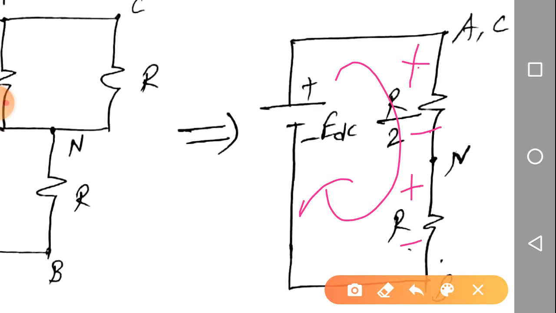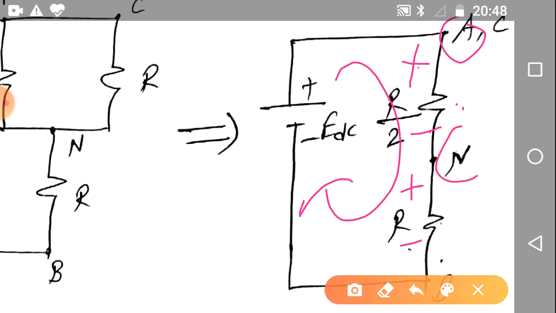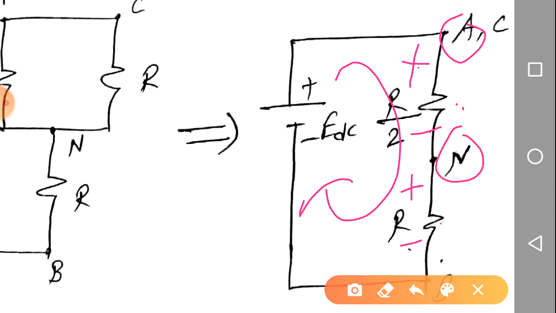Next, by using the voltage division rule, R by 2 and R are connected in series, yes or no, right? Current in the R by 2 resistor is in the downward direction. So can we say the potential at terminal A is greater than the potential at terminal N? VAN means VA minus VN, right?